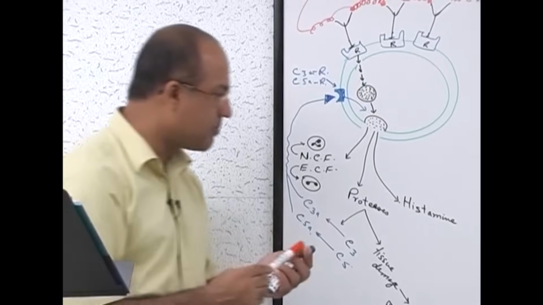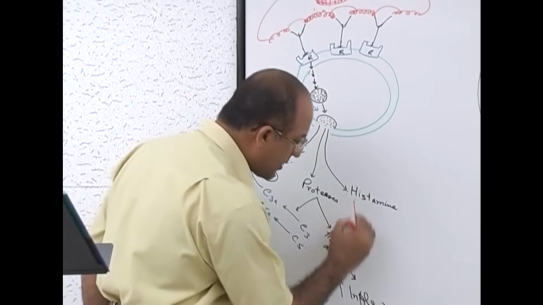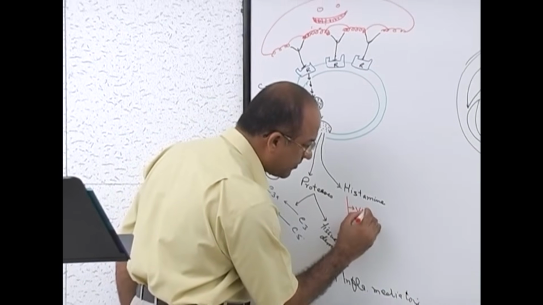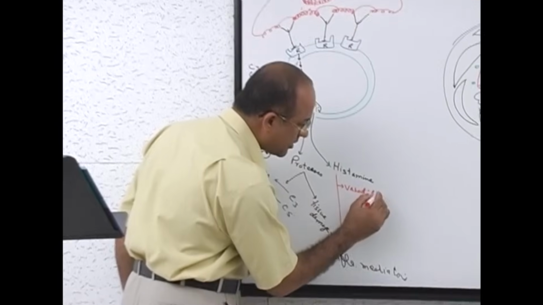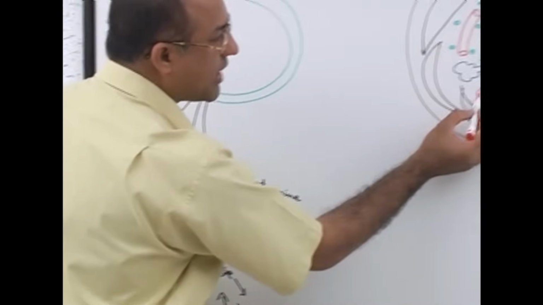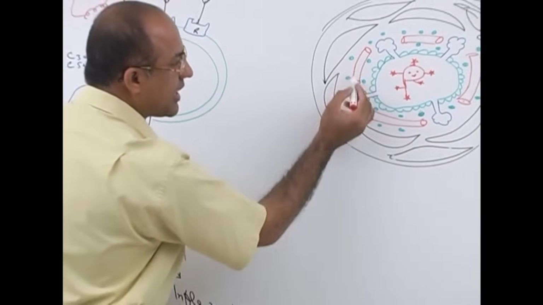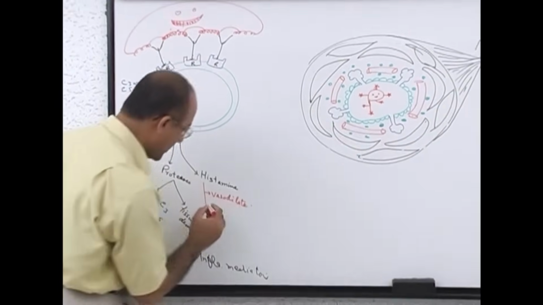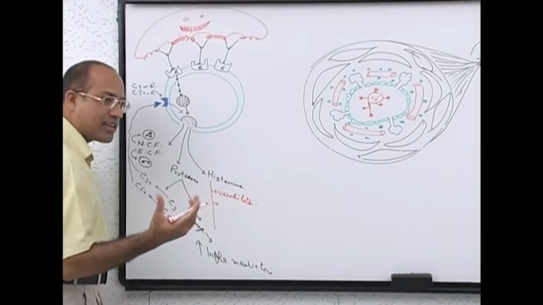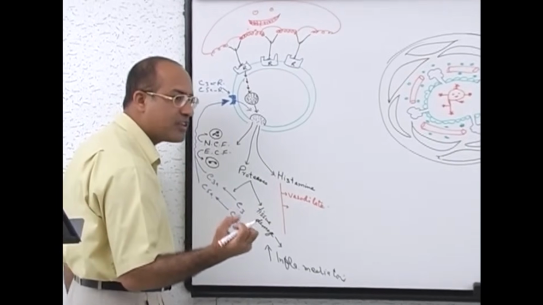Secondly, there is histamine. Now histamine has many functions. Number one, histamine is a vasodilator. So look at these blood vessels, they will be dilated. Number two, under the direction of histamine, endothelial cells will shrink.